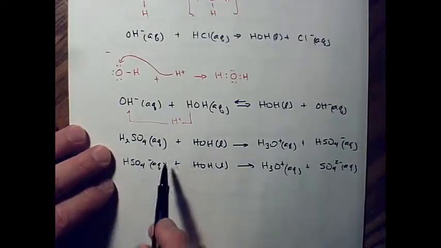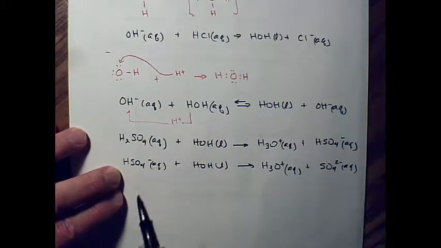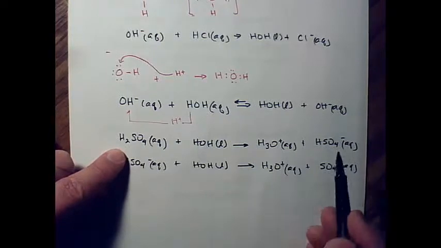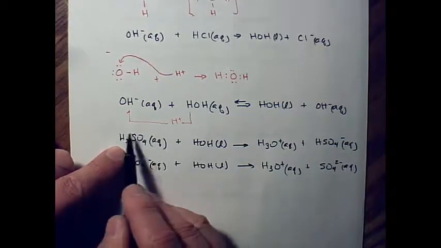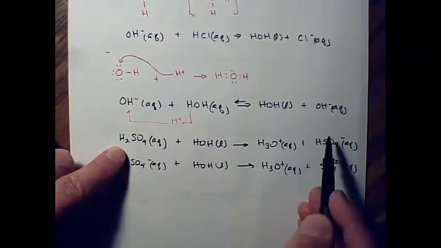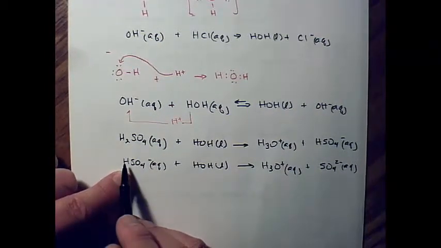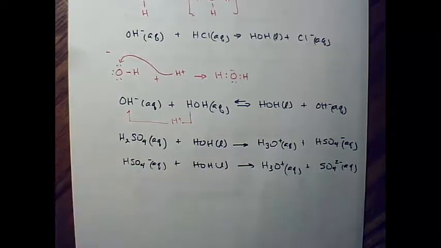Even when we have this acid that has two different protons that can be removed, you still have the acid, water, hydronium, and some kind of ion. The anion, what you have left over after the hydrogen leaves. That's the anion over here, okay? And with this acid, when this hydrogen leaves, you get this anion, okay?